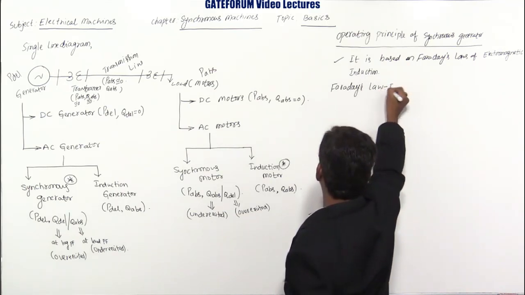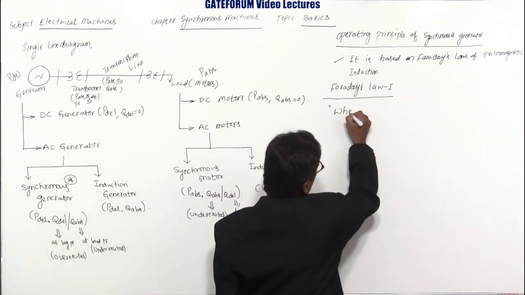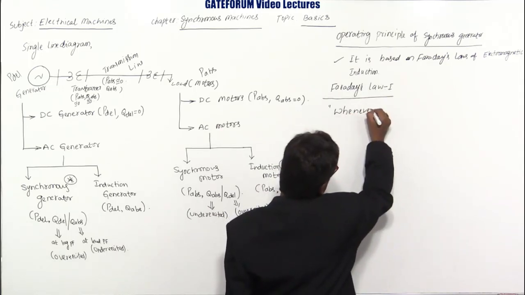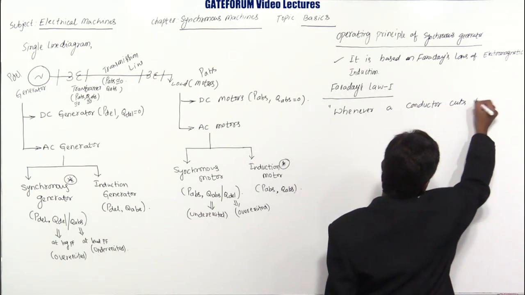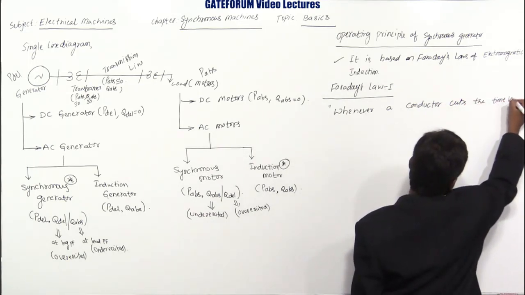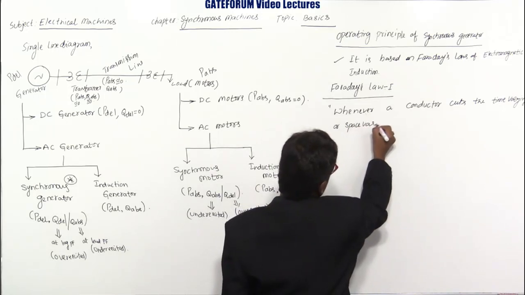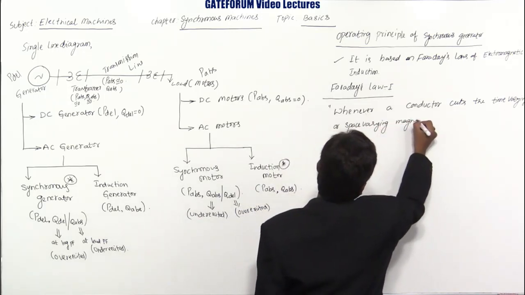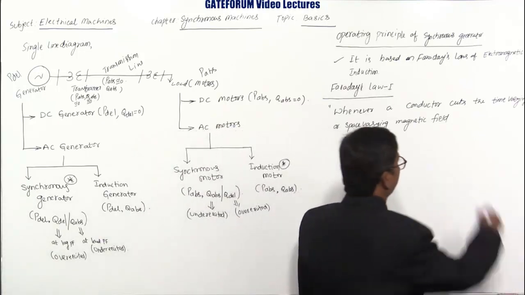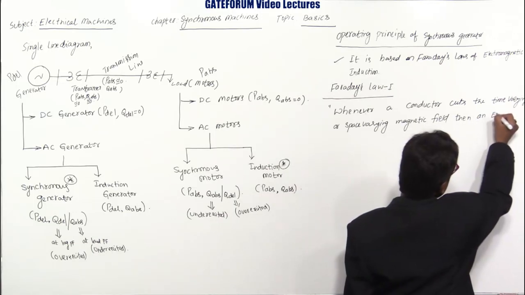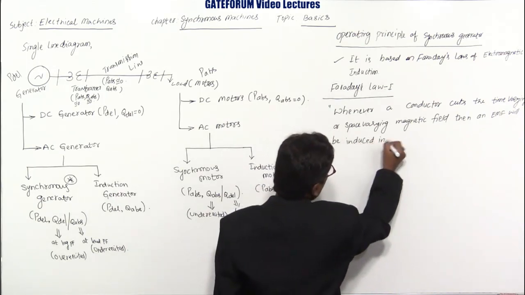First one, Faraday's first law. Whenever a conductor cuts the time varying or space varying magnetic field, then an EMF will be induced in the conductor.